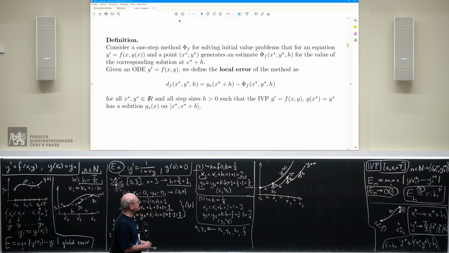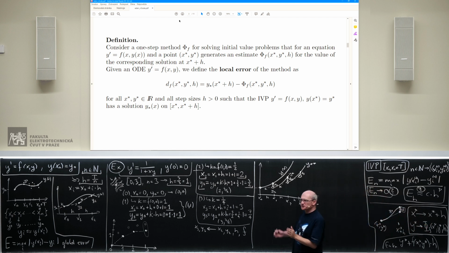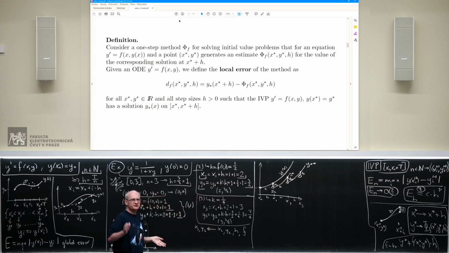Well, here two things come into play, because we have to start mixing the general setup and the local point of view. Notice that the local point of view, because it's just local, doesn't care about the setup, does not feature partition size. So for the local error, h is the natural viewpoint because you are making a step by h. You don't care about anything else, what was before, what goes afterwards.